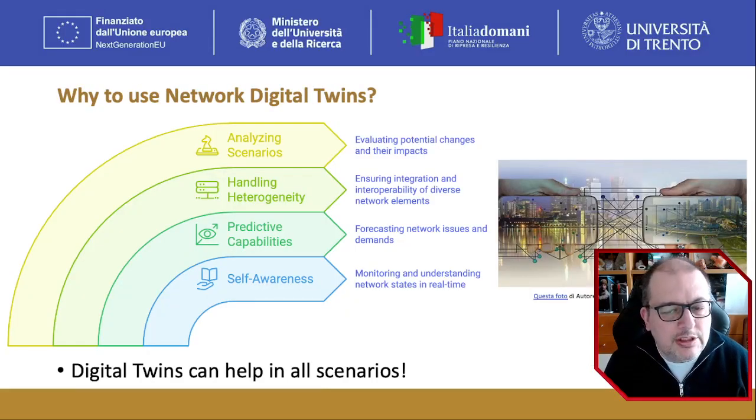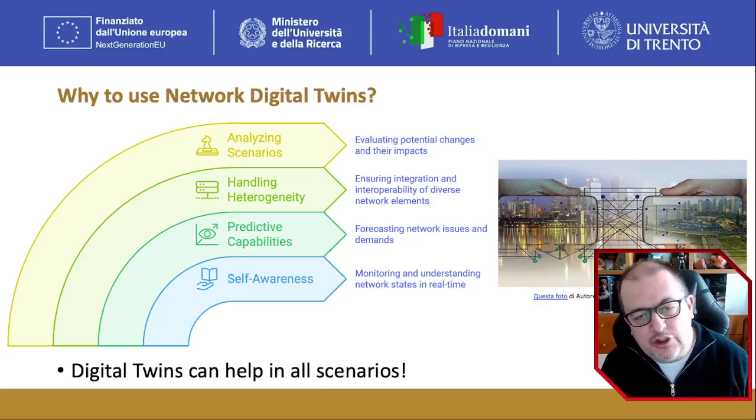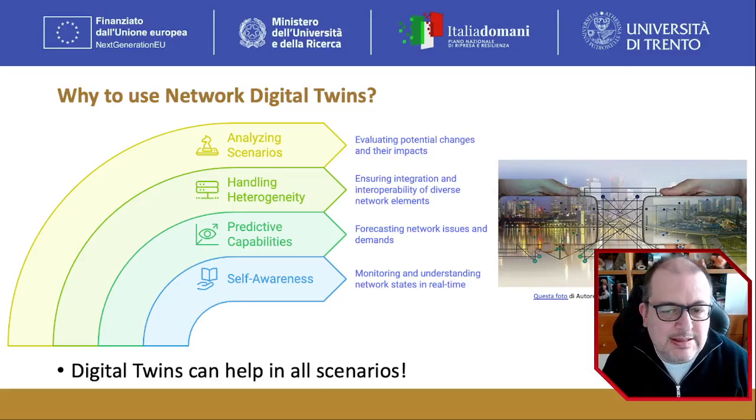Why use digital twins then in networks? We have the capability to address all the innovations that were presented in the previous slide, because integrating network digital twins will enable us to analyze scenarios, so to evaluate potential changes to the network and their impact before implementing them on the physical network.